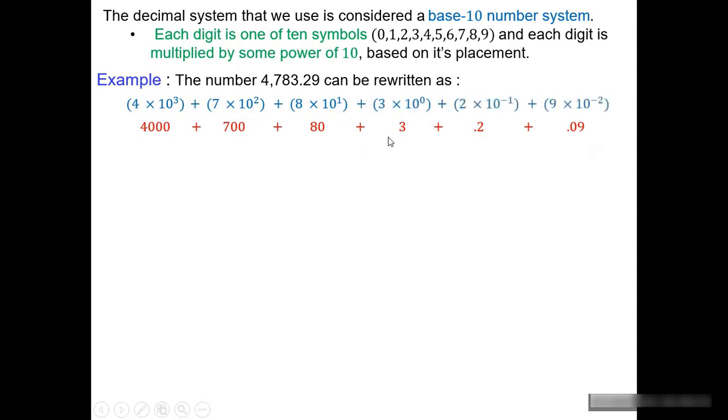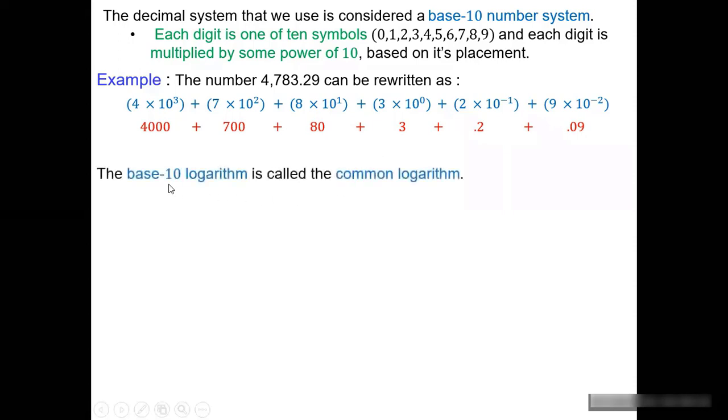And so if we rewrite each of these numbers as a value times 10 to some power, we can see the relationship between the base 10 number system and base 10 logarithms. We refer to logarithms that have a base of 10 as the common logarithm because we deal with base 10 on a regular basis in our counting numbers.